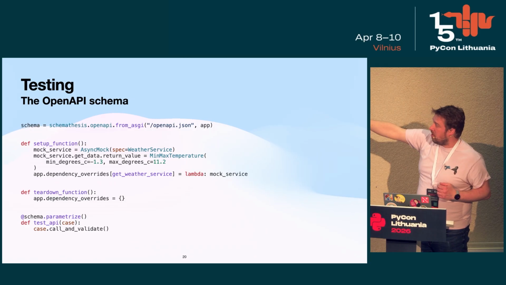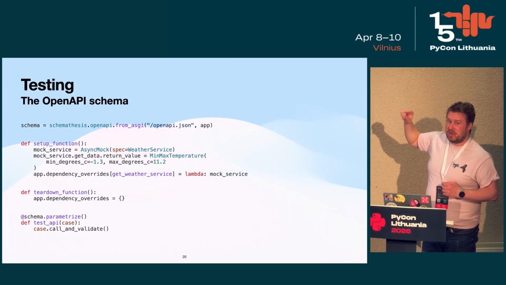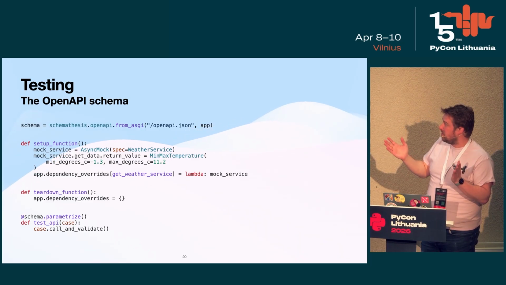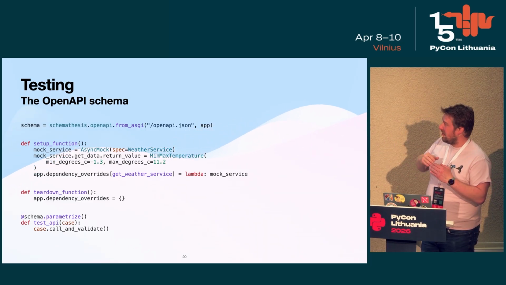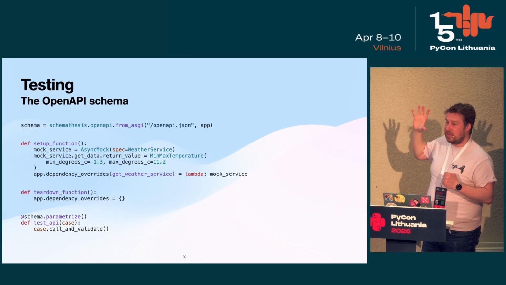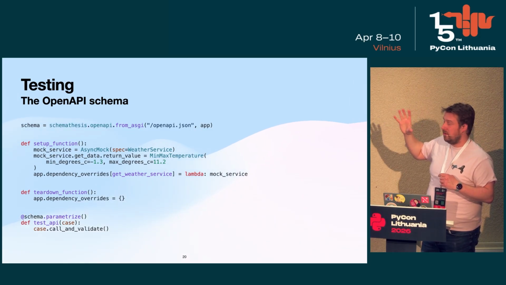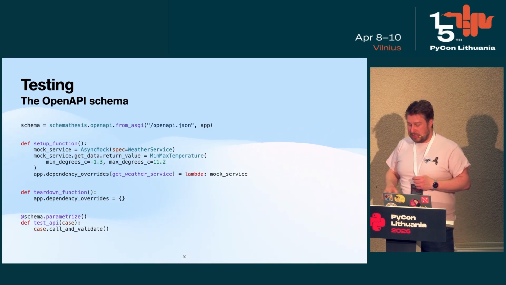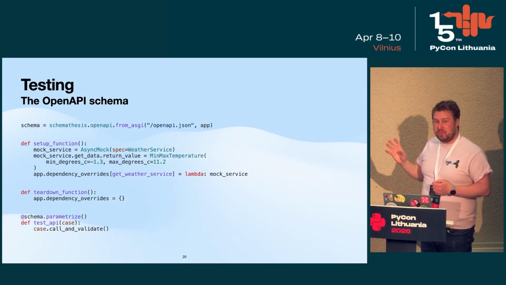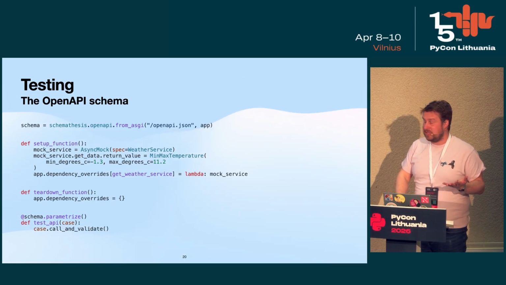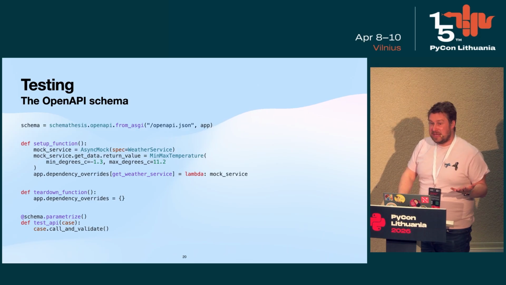And then you can call each endpoint on your application, and that will generate a load of different inputs, and it will validate that the inputs that it generates according to the schema are handled properly, and any responses that come back are in the schema and are valid according to the schema. So that's really awesome for catching any problems that you might have made in your type annotations, making sure that that automatic documentation is actually correct.